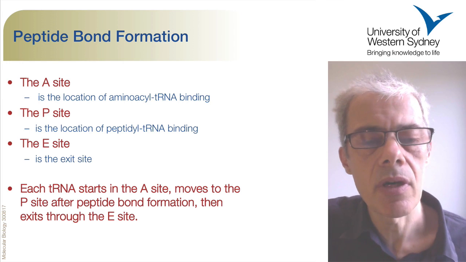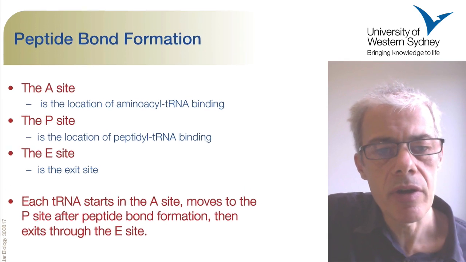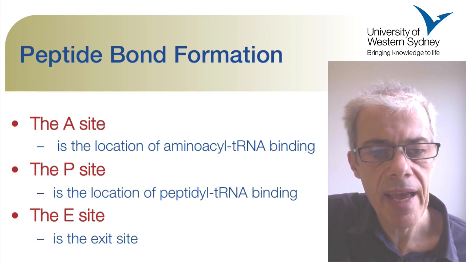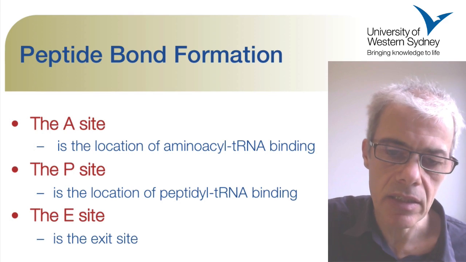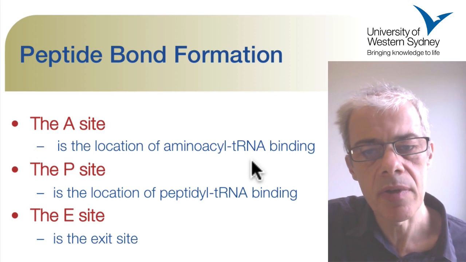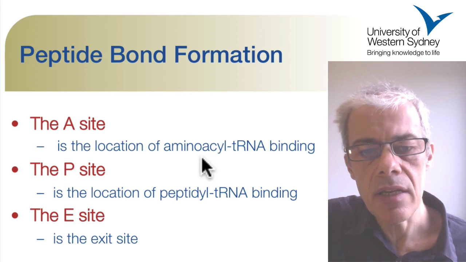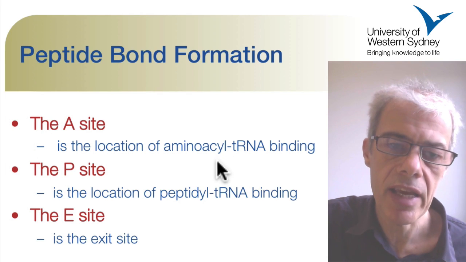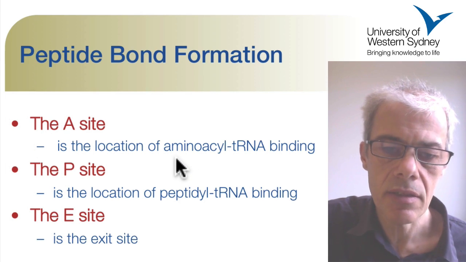So looking at the ribosome in a bit more detail, there are three sites that are important for function. We have the A site, P site, and E site. So as we'll see in some of the slides coming up, the incoming amino acids attached to the transfer RNA enter at the A site.